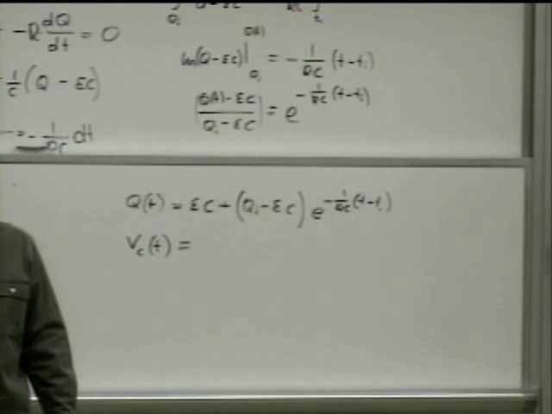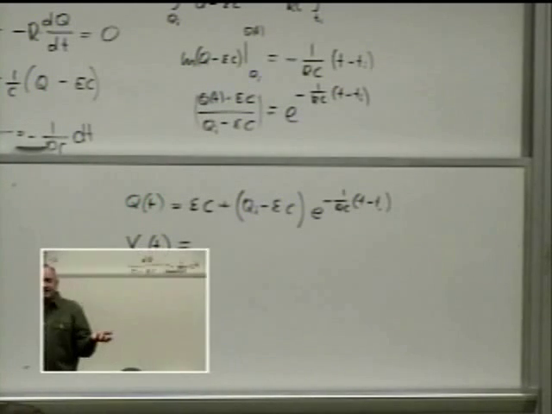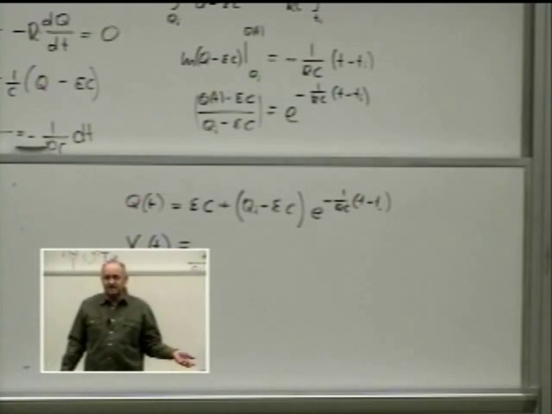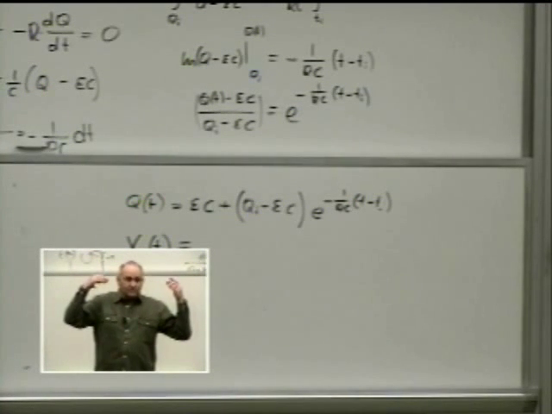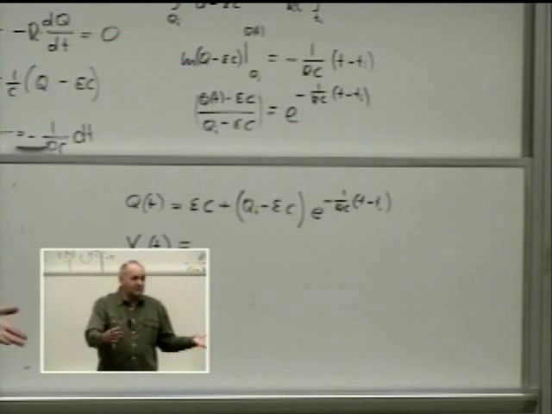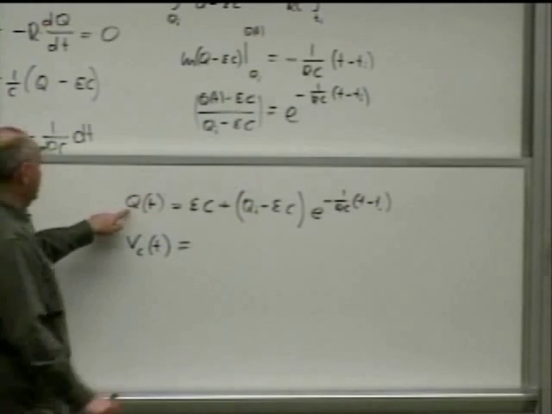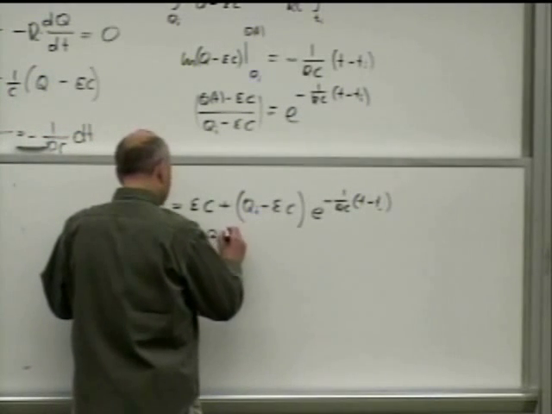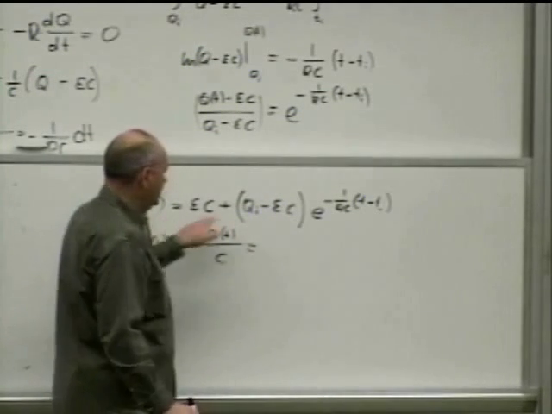Well, I know capacitance of the capacitor, and I know charge on the capacitor at an arbitrary instant. From knowing charge and capacitance of the capacitor, how do I find the voltage? Well, charge is equal to voltage multiplied by capacitance. So voltage is charge divided by capacitance. So I have to divide this expression by capacitance.